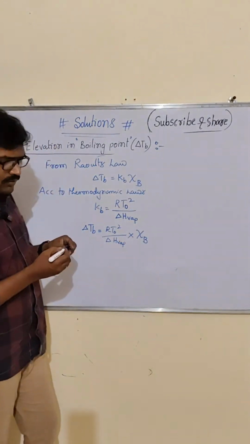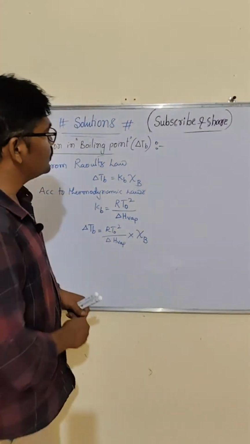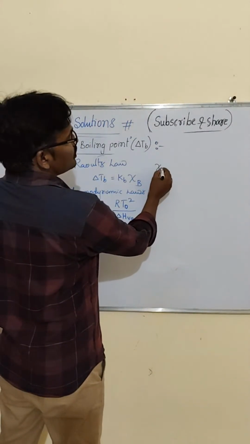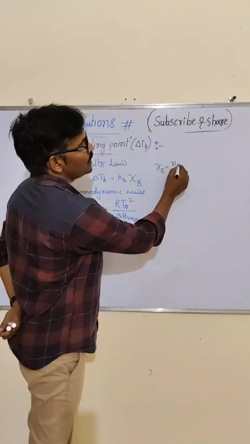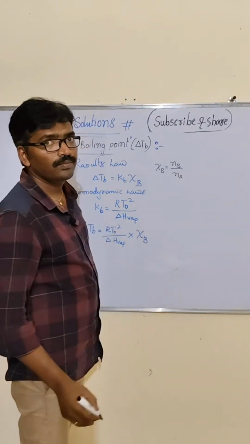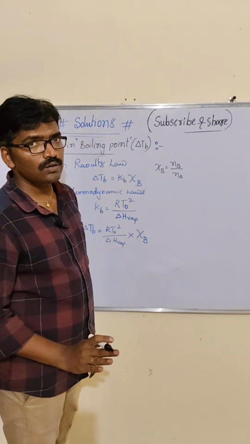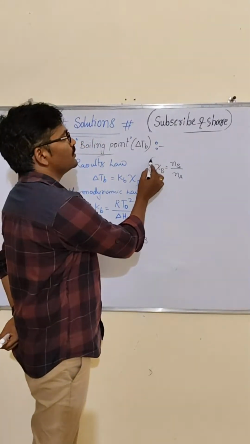For the mole fraction, the number of moles of solute is divided by the number of moles of solvent, because it is a very dilute solution, so in the denominator we can neglect the number of moles of solute.